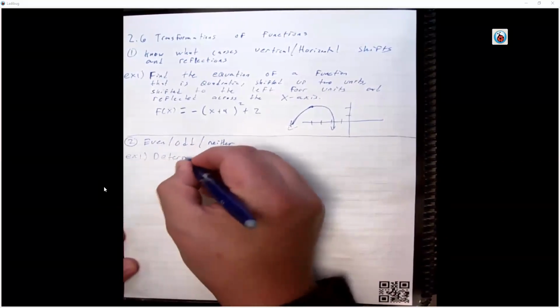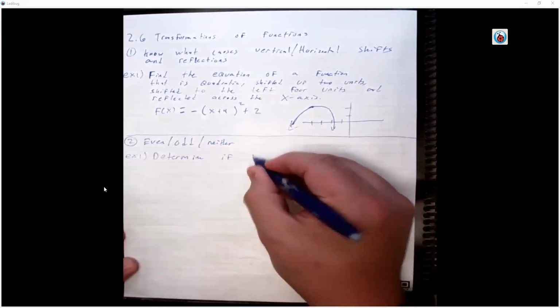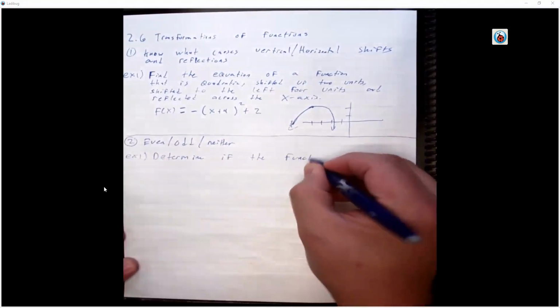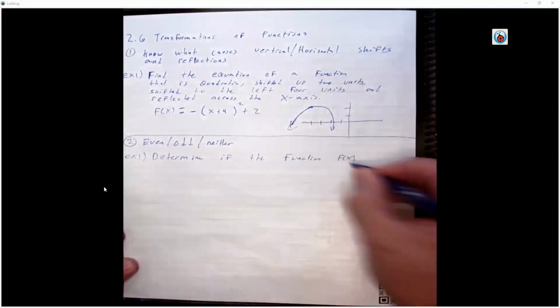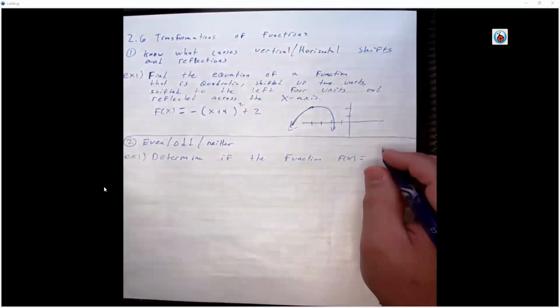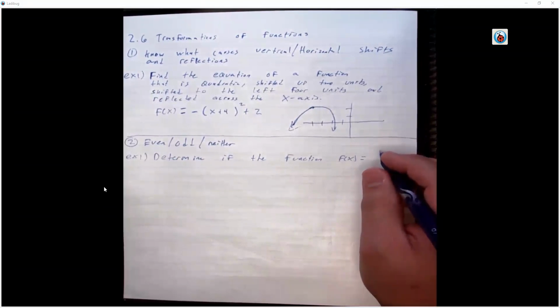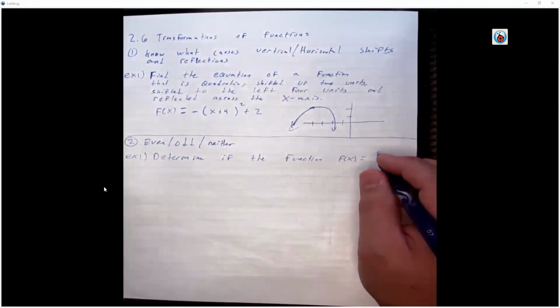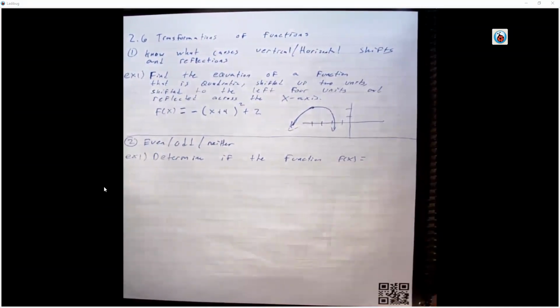So determine if the function f of x equal to... Even odd.